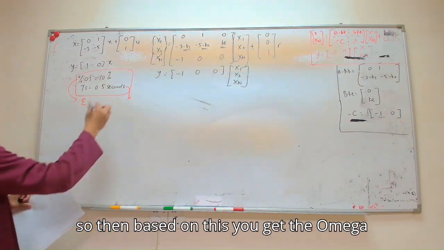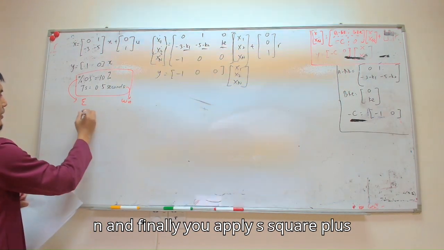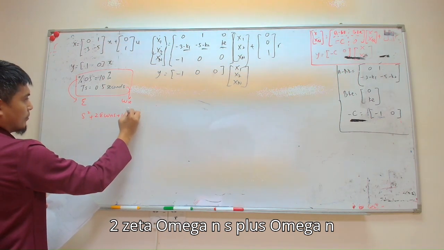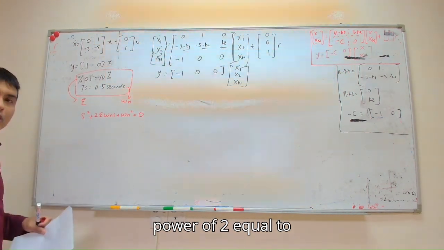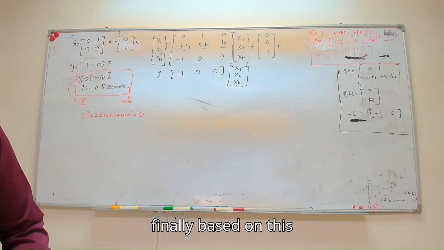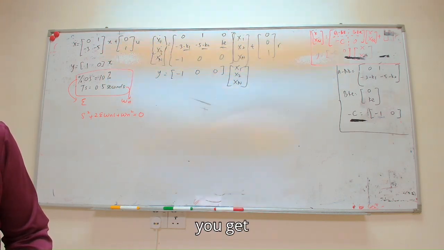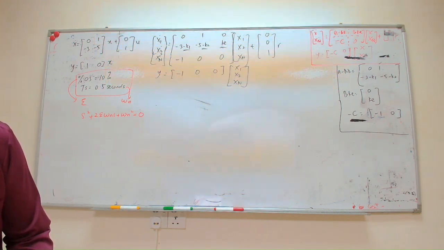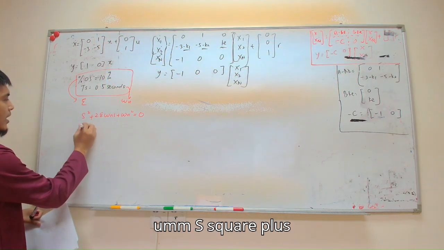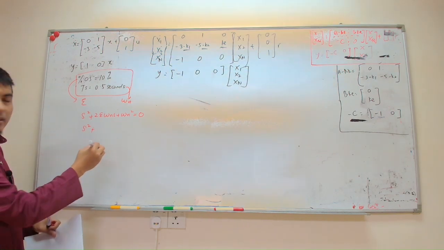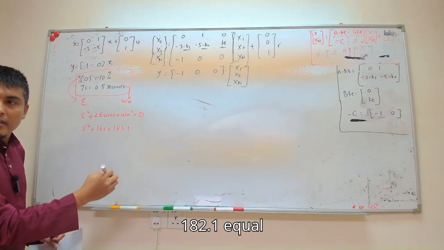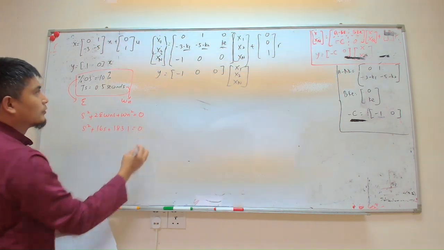So based on this you get the omega n, and finally you apply s squared plus 2 zeta omega n s plus omega n to the power of 2 equal to 0. And I believe finally based on this you get s squared plus 16s plus 183.1 equal to 0.